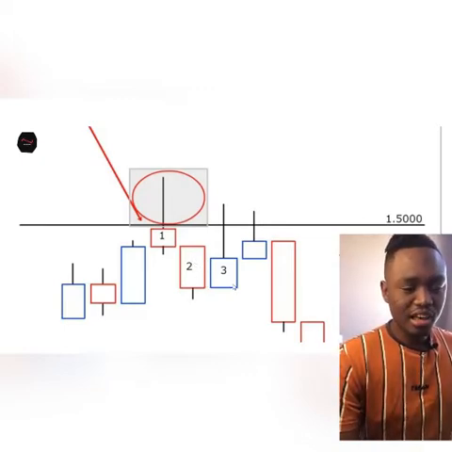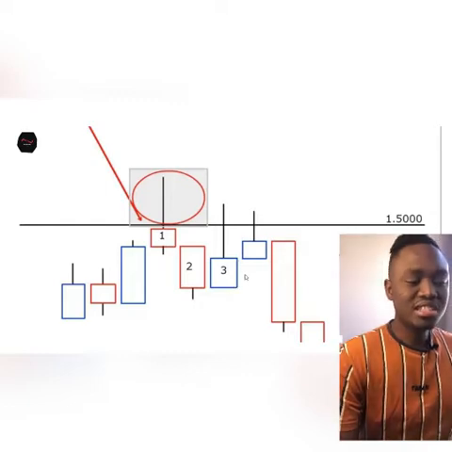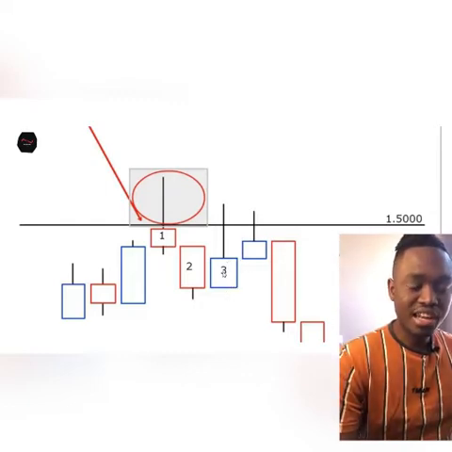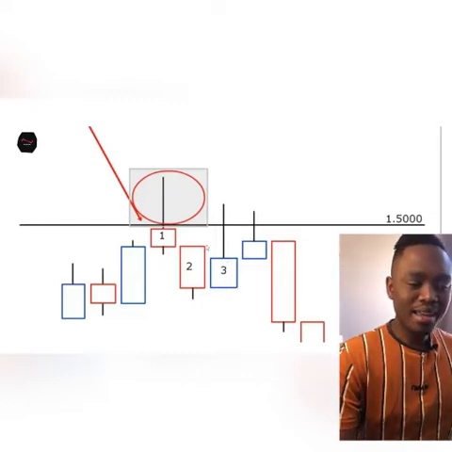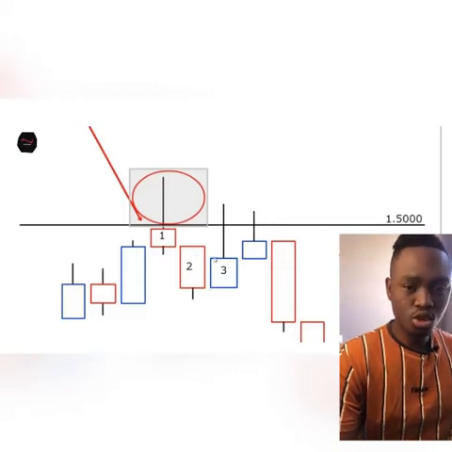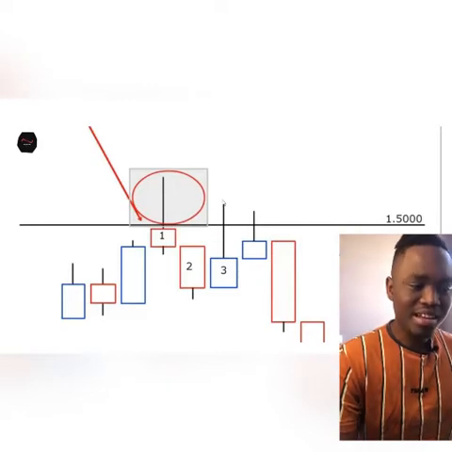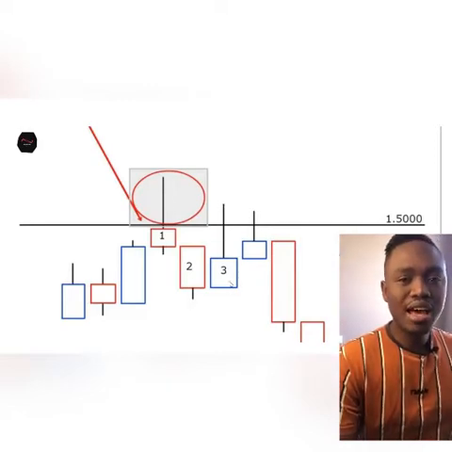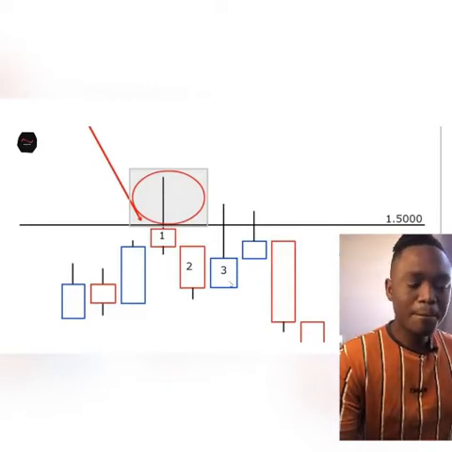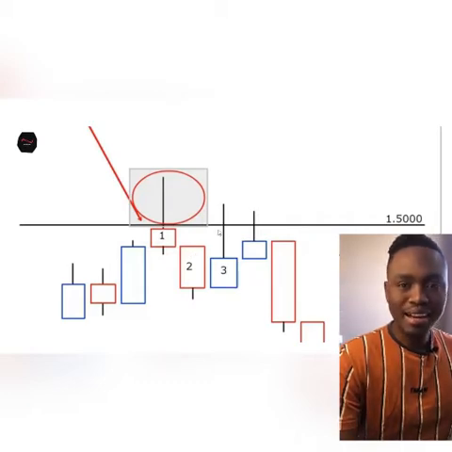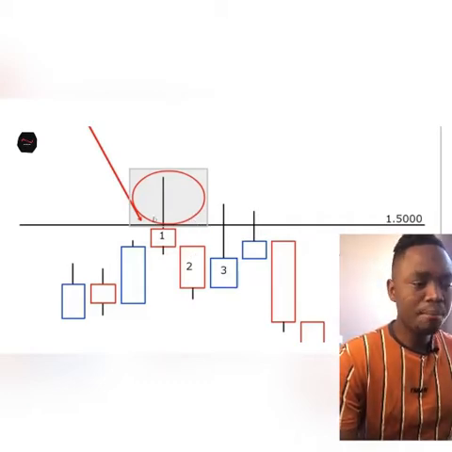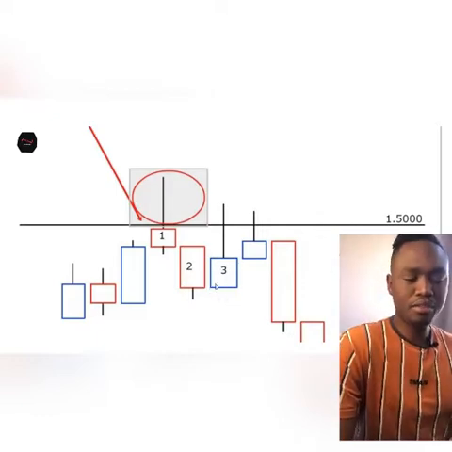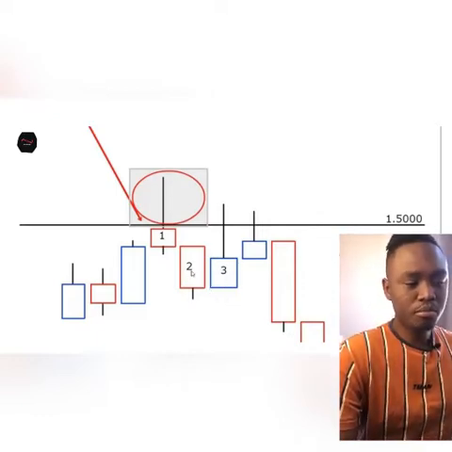Here's the thing, it gets a bit tricky depending on the type of risk management strategy you're using. But in my case, I would wait for this candlestick to close and for this candlestick to actually move back up. The reason why I'll do that is because I want to reduce my stop loss, my risk that I want to put in this trade. But some people would like to enter after this candlestick has closed, but I believe that a 20 pip stop for me is enough.